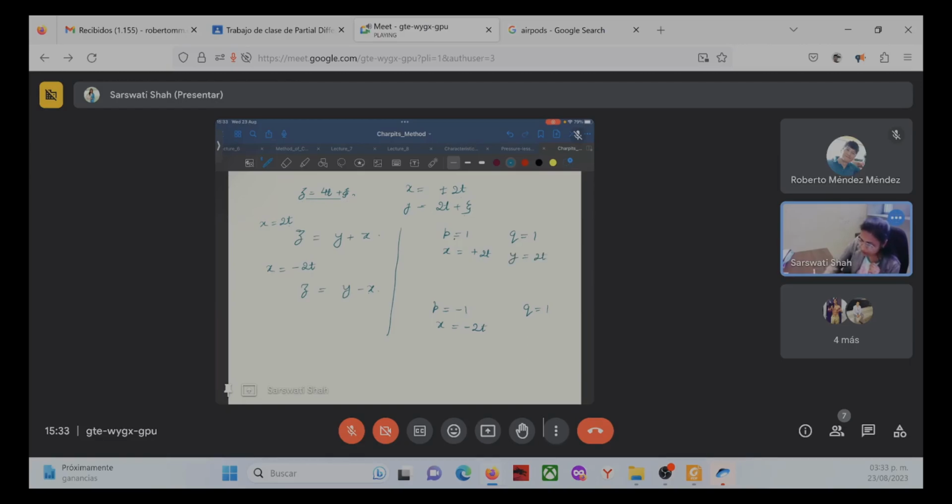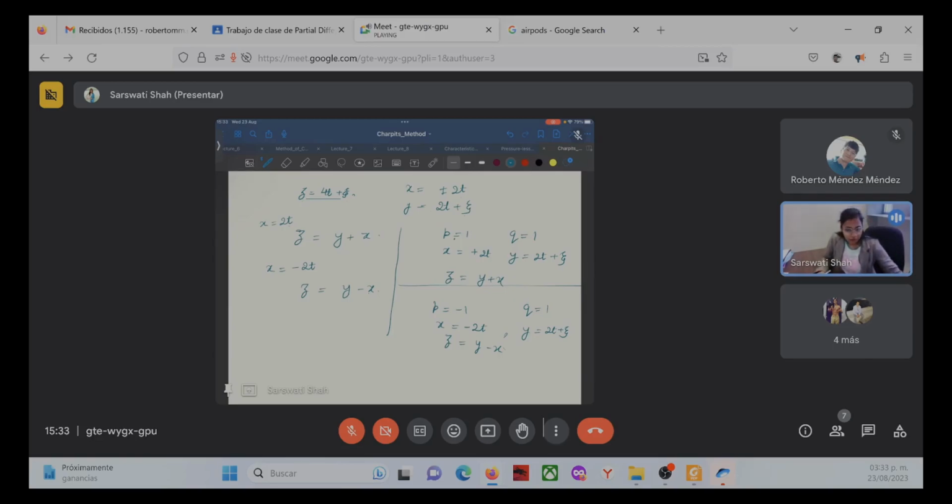Y equals 2t plus xi, here y equals 2t plus xi. Z equals y plus x and z equals y minus x. So here we are getting the set of two characteristics.